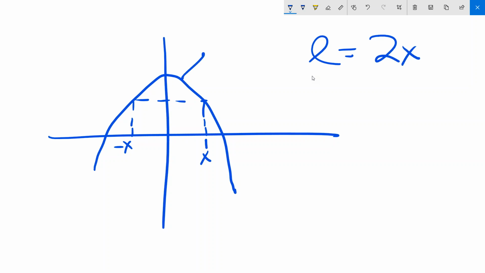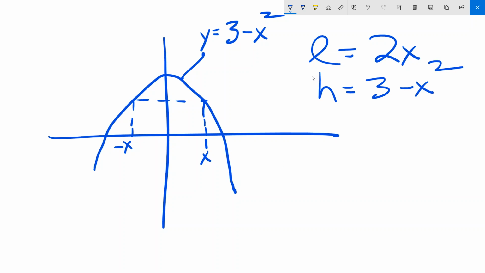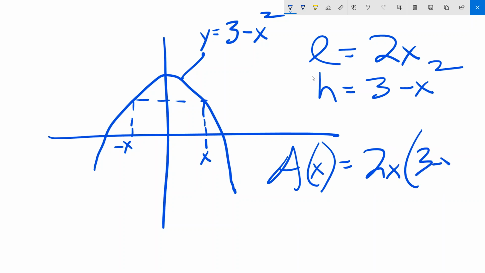And this equation was y equals 3 minus x squared. Again, you need a negative sign in front of the x squared for these functions if you're looking at a parabola that opens down. So the height in this case is 3 minus x squared. The area function as a function of x is 2x times 3 minus x squared, and then you finish the problem exactly the same.